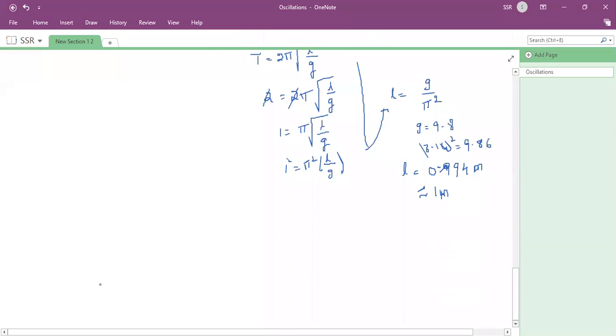Now graphical understanding: graphs between L and T squared.